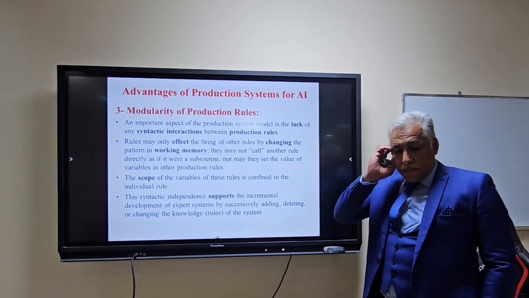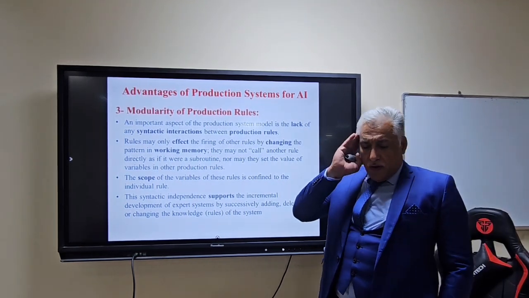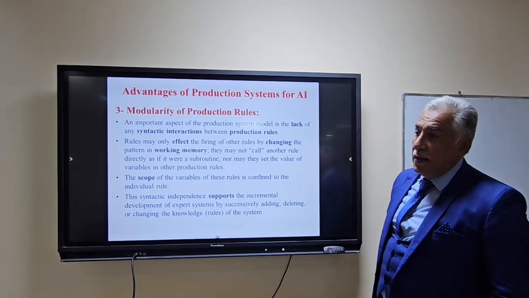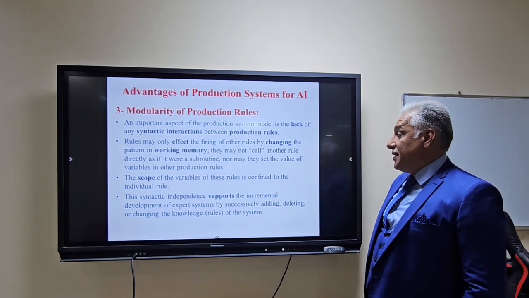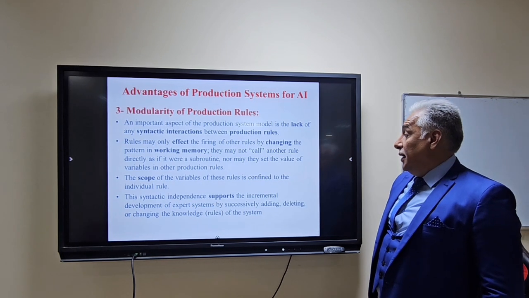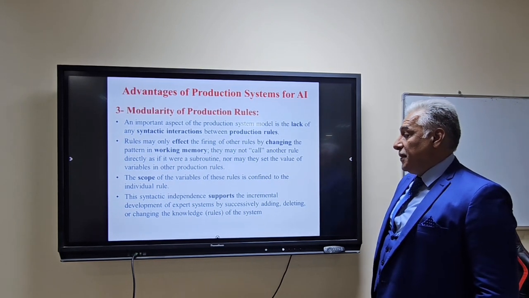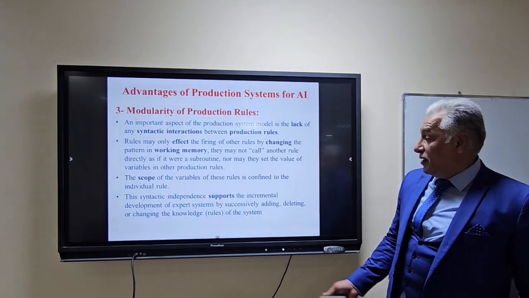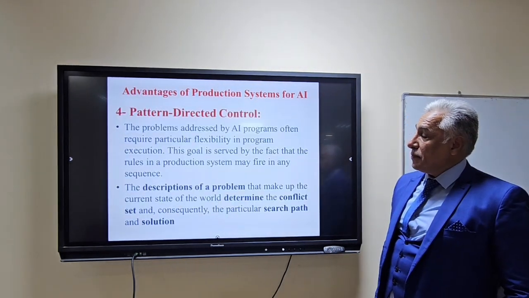The scope of the variables of these rules is confined to the individual rules. This syntactic independence supports the incremental development of expert systems by successively adding, deleting, or changing the knowledge of the system.